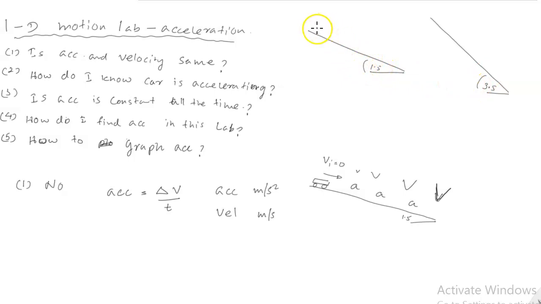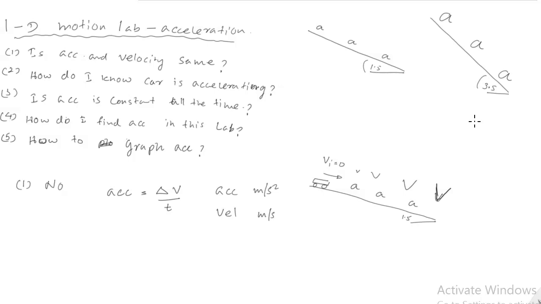So when you have 1.5 degrees, you have some acceleration throughout. It's constant, whatever the value is, it remains constant. As long as the angle is same, this acceleration does not change. Now when you place it on a higher angle, you get a bigger acceleration and it remains constant. Whatever that big number is, it stays the same. But there is acceleration. It's not zero. There is some number and it remains the same.